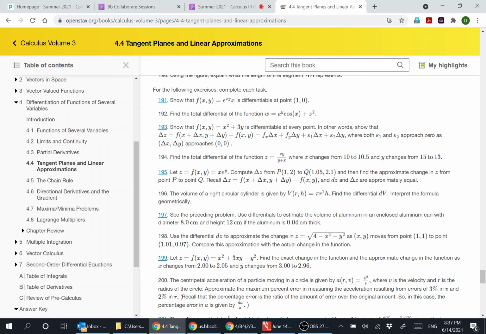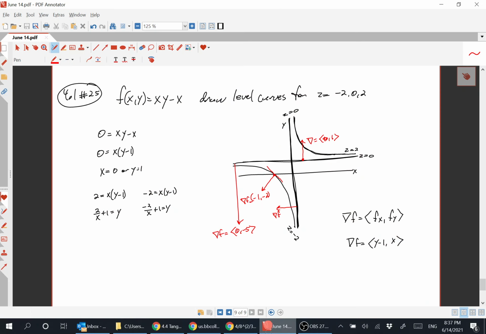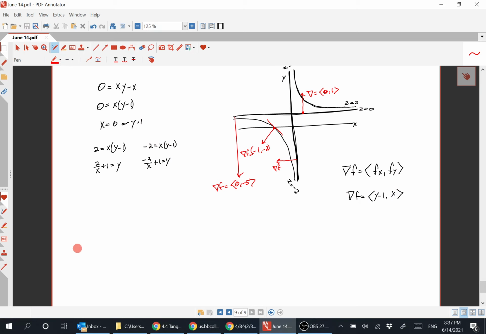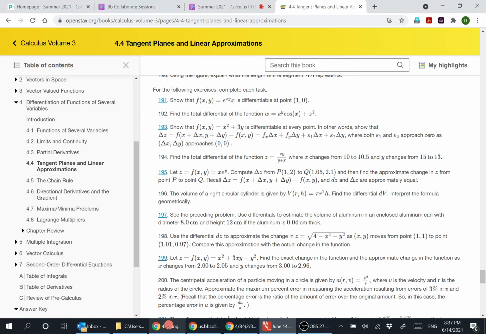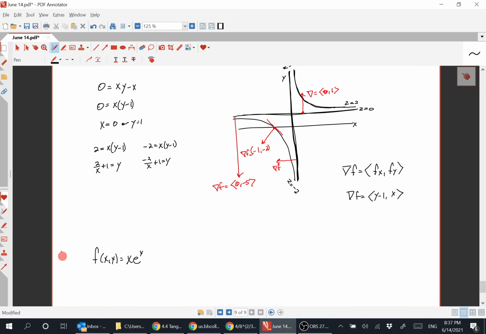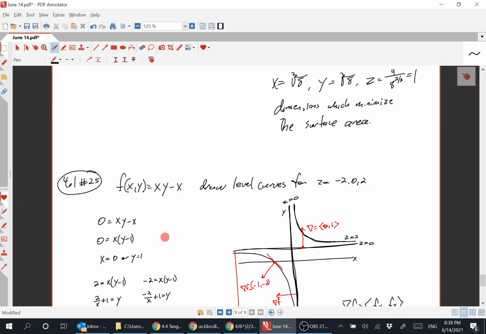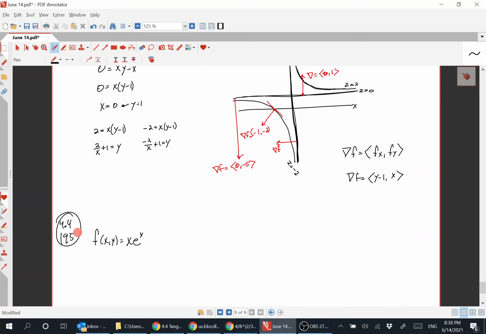Okay, so f(x, y) is x e to the y. So what number is this? This is 195 in section 4.4. This was in section 4.1, yeah.